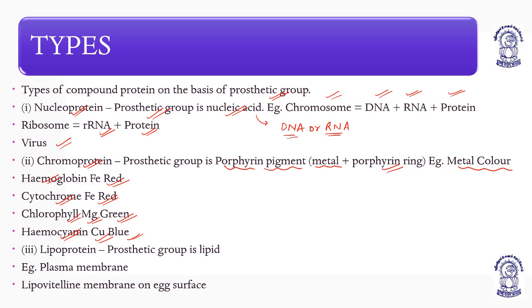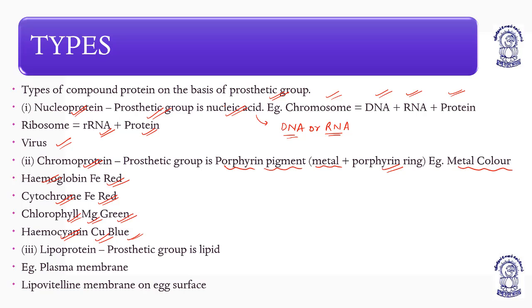Understood? So these are different types of chromoproteins. Chroma means color.